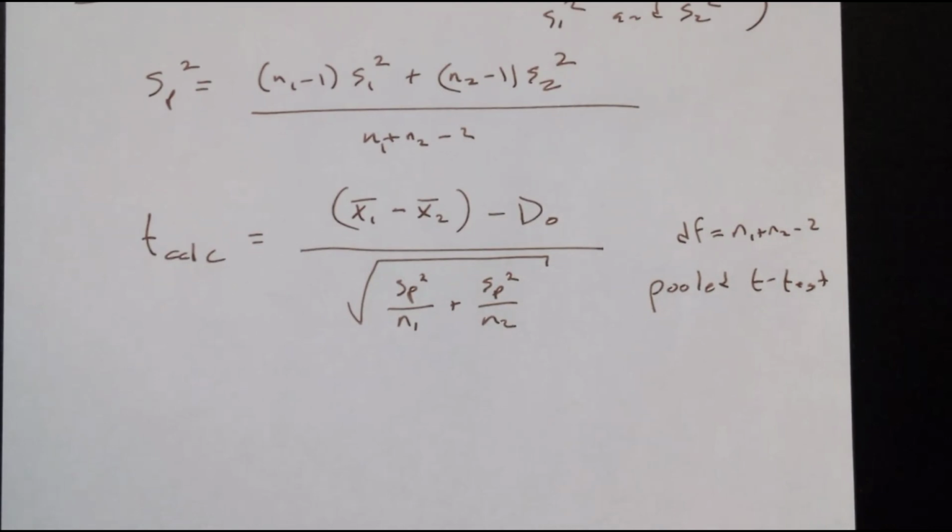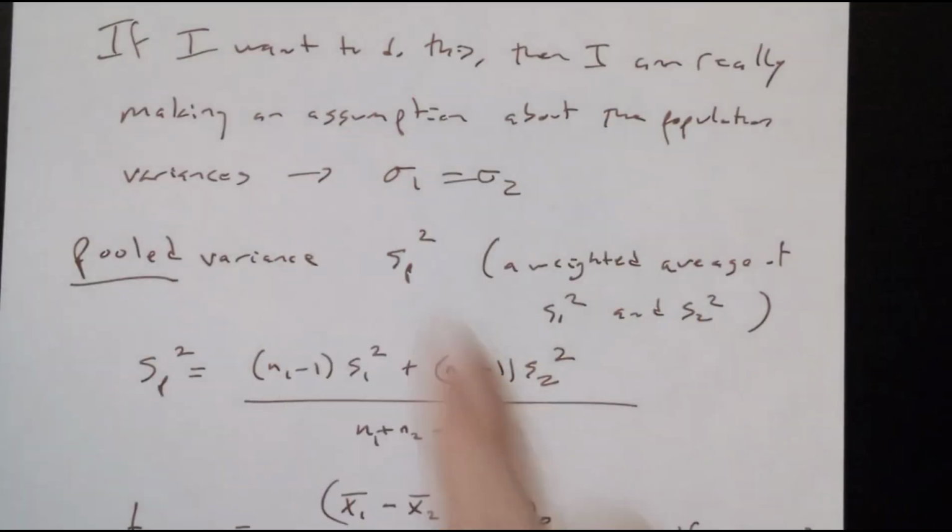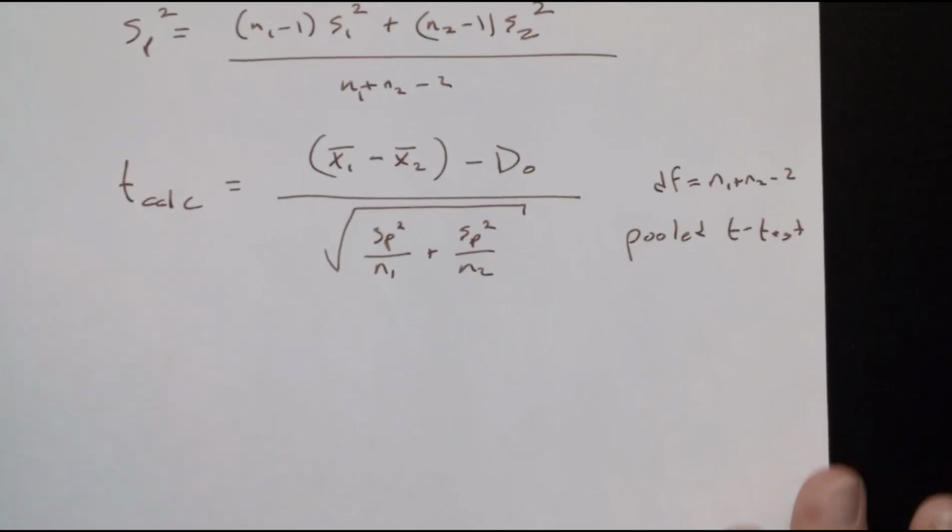If I can make the assumption that I have the same variance in the groups, then I can do this. Again, I just said a dirty word: if I can assume. I'm going to refer to that as the equal variance case.